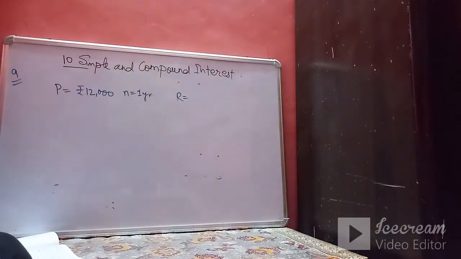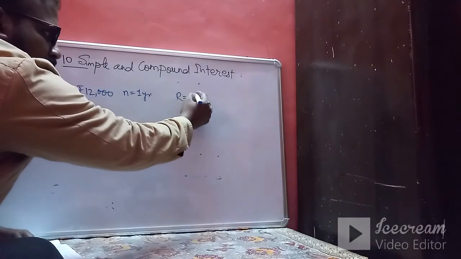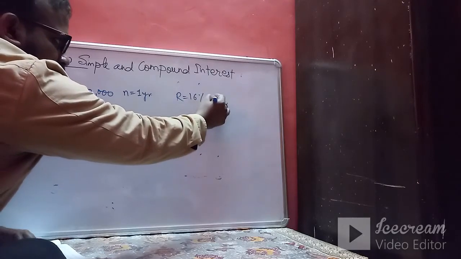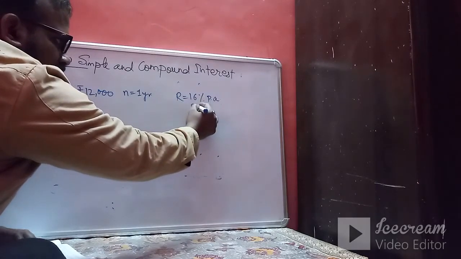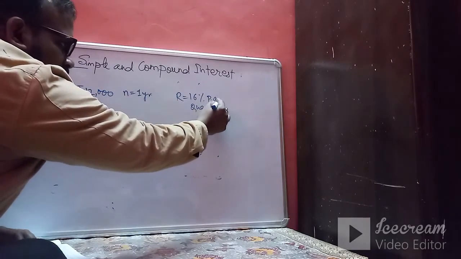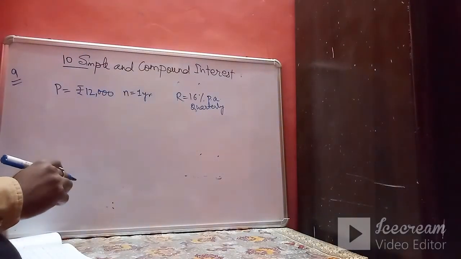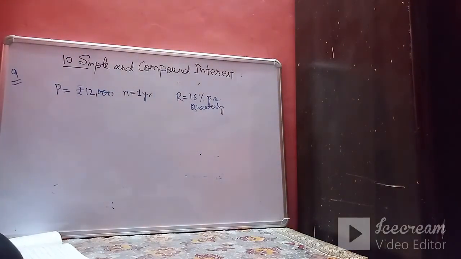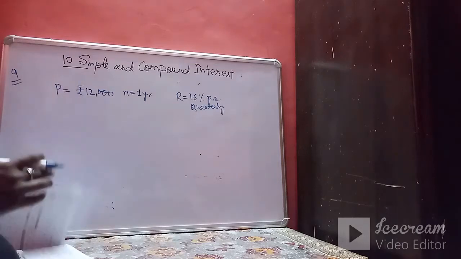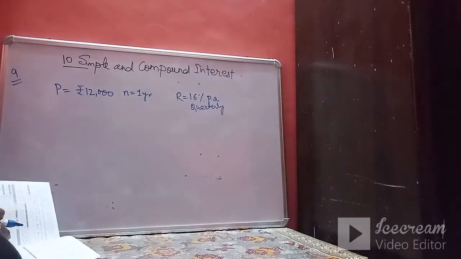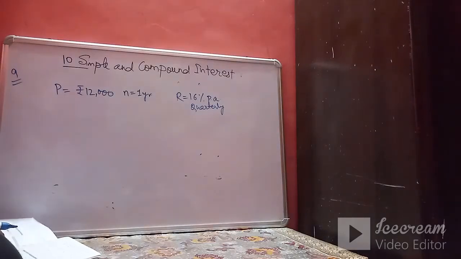The bank charges 16% per annum, quarterly. Now the bank is charging quarterly rate of interest. How much interest does he have to pay to the bank? So we have to calculate how much interest he has to pay to the bank.